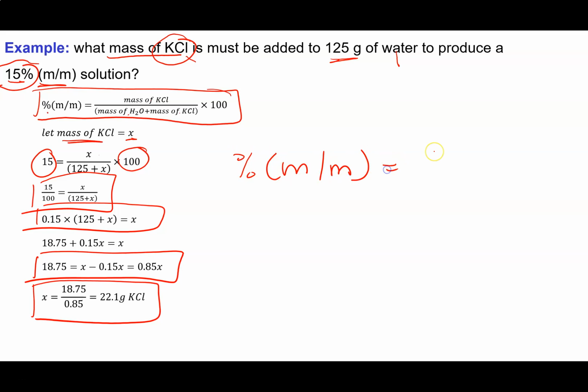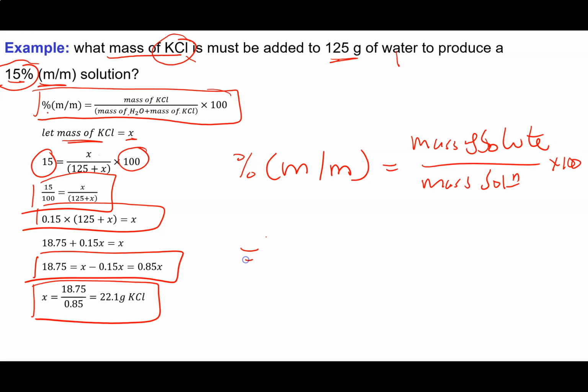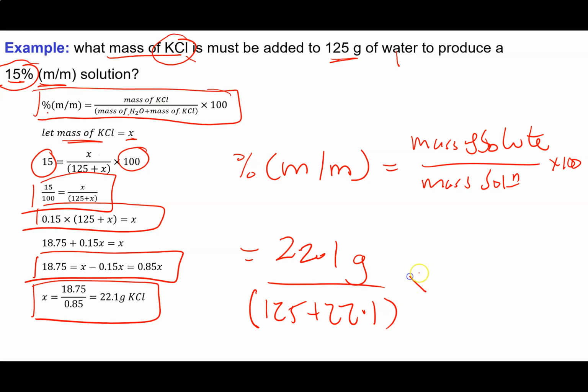So percent mass on mass is going to be my mass of solute over the mass of the solution, and we have to times that by 100. So the mass of solute, according to this, was 22.1 grams of the KCl, and then my solution is 125 plus 22.1 grams, and then I times that by 100 and put that all into my calculator.